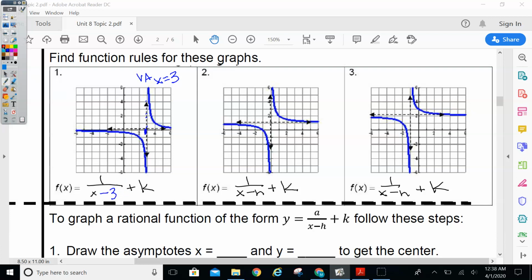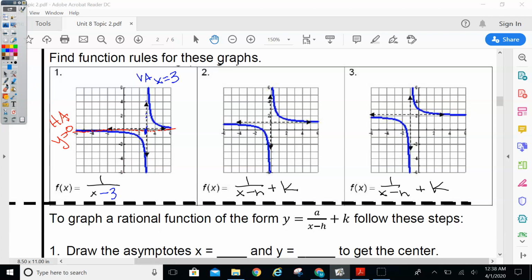And then the k value is your horizontal asymptote. That's this line right here, which is just the x-axis. So the horizontal asymptote is 0. So yes, you can go ahead and put plus 0, but that's technically the same thing as just not having anything. So I'm going to leave it like that.